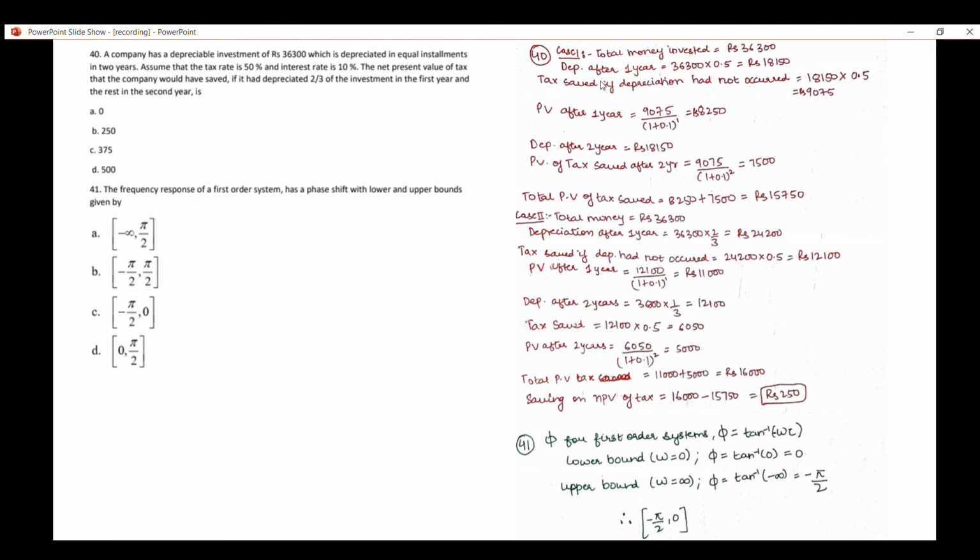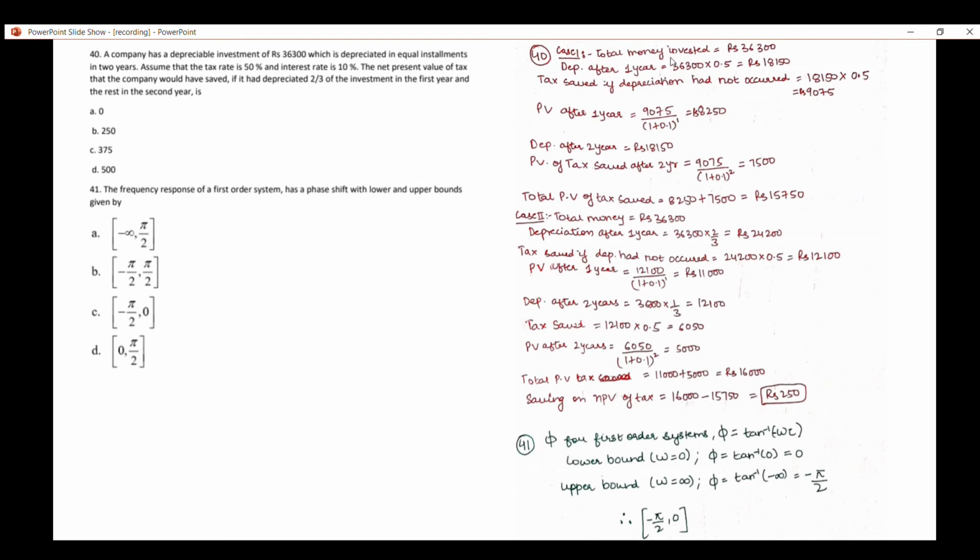Case 1, when the company has depreciated in equal installments, and case 2, when the depreciation is 2/3 of the investment in the first year and 1/3 in the second year. So we know that the total money invested is 36,300.